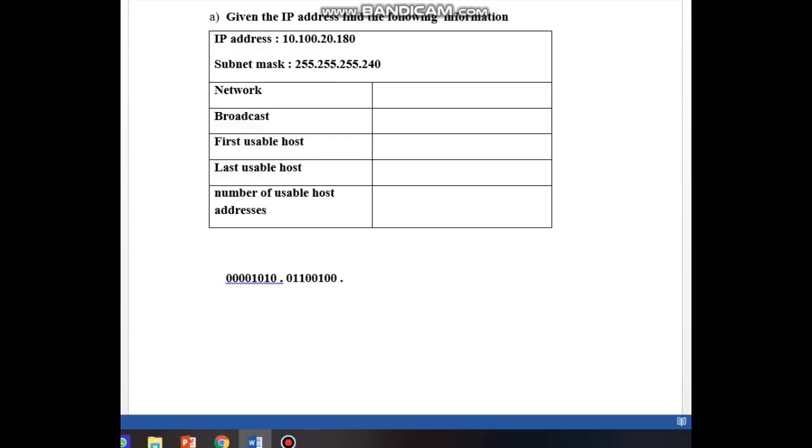Right, the binary for 20 will be 00010100. Right, and the binary for 180 will be 10110100. Right, so that is basically the 32-bit representation of this IP address.